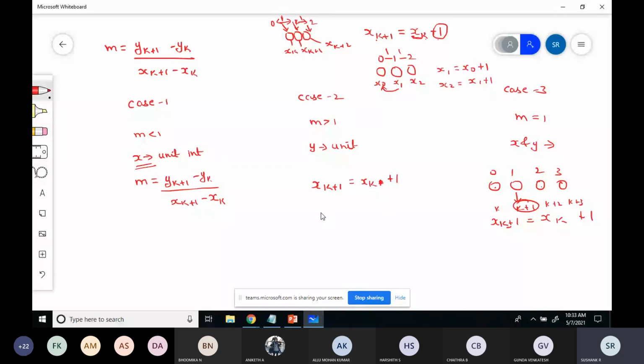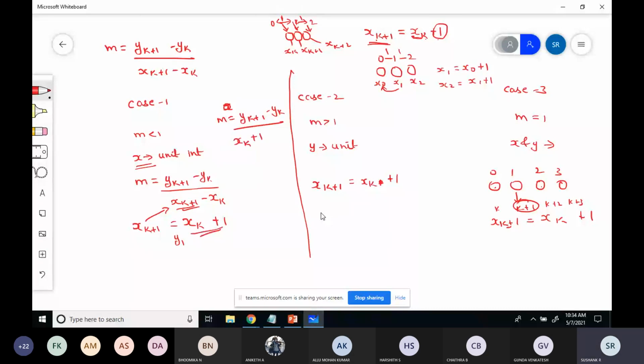So now I can write x of k plus 1 as xk plus 1, that is, previous pixel plus 1. So I'll substitute this here. What will it become? m is equal to y of k plus 1 minus yk by xk plus 1 minus xk, with x of k plus 1 replaced with this value.